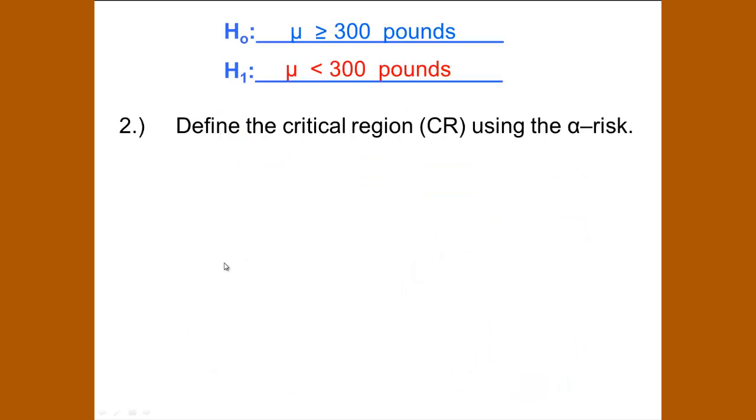And let's look at what I mean by shading to the left by moving to step 2, which is to define the critical region, CR, using the alpha risk. To define the critical region, abbreviated CR, we will use the alpha risk to create a tail in our normal curve. Remember that we stated our data should be normally distributed, so we will draw a normal curve.